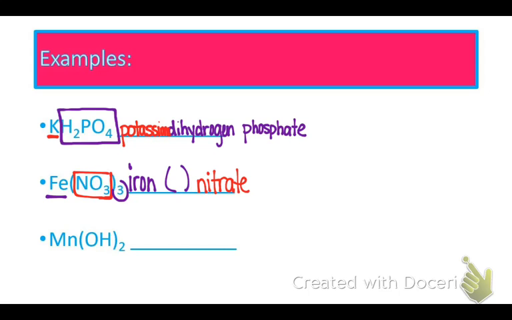So I cross this back, I cross that back, 3, 1. Check your charges. Does NO3 make a 1 charge? Yes. So that means your Roman numeral is a 3.